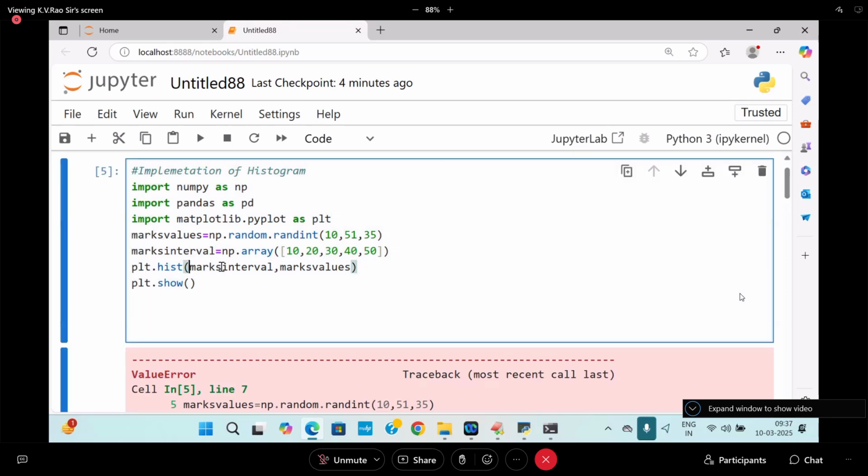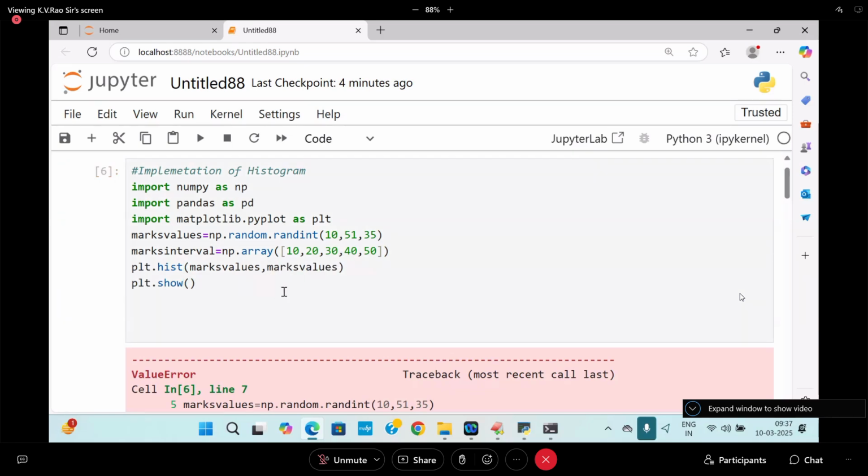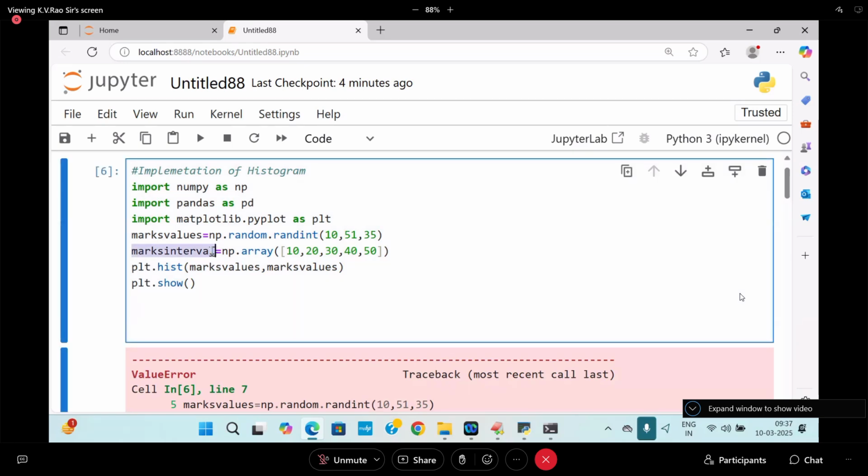So this part only I need to take. Marks values versus marks interval, that is the perfect way. So we need to take it like this.